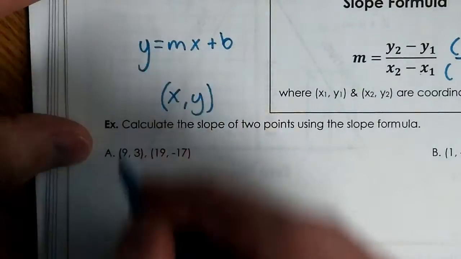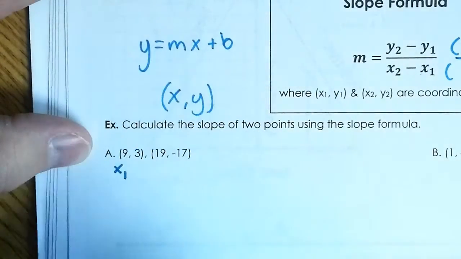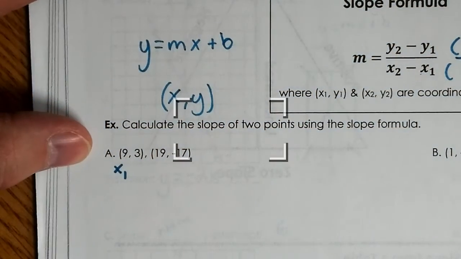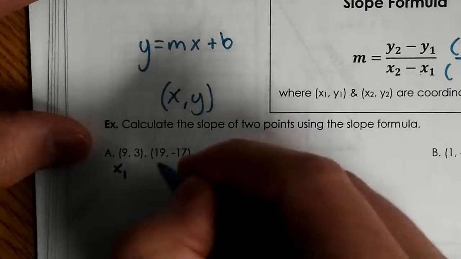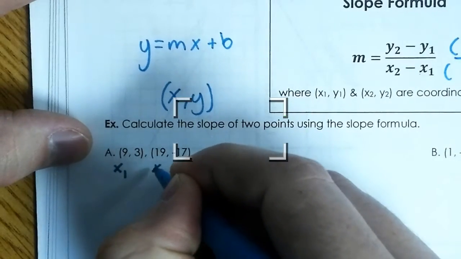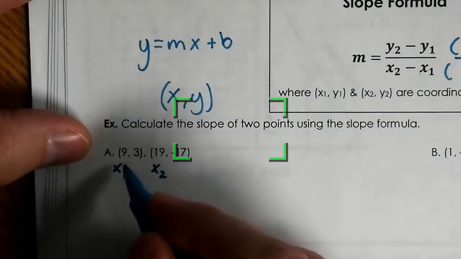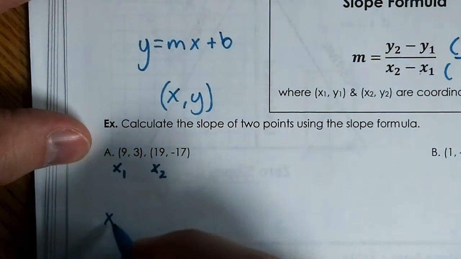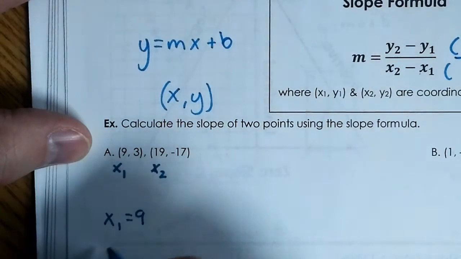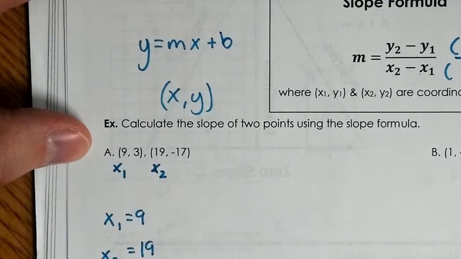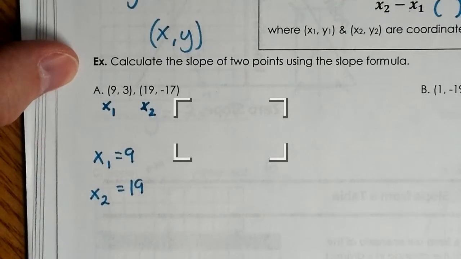So our x1 here is going to be 9. That's our first x. Our x2 is going to be the 19. So our x1 is 9, and our x2 is 19.